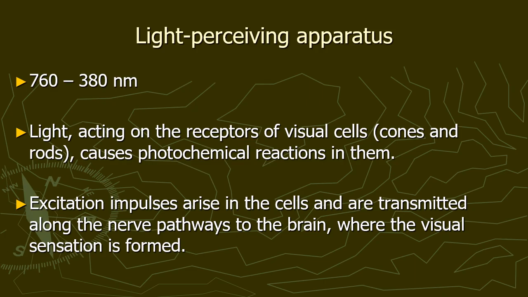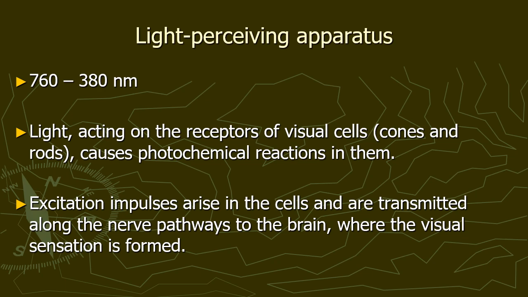These are cones and rods. It causes photochemical reactions in them, that is, there is a decomposition of visual pigment. For example, if we are talking about rods, then in this case rhodopsin decomposes. And then we form a nerve impulse that enters the brain. In this way, we form visual sensations.